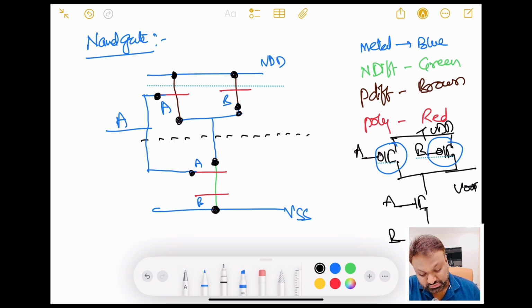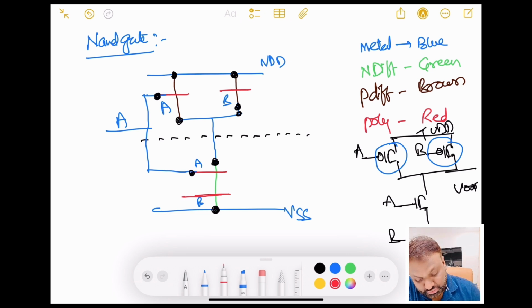Suppose this is my polysilicon. Now what I need to take care of, whenever we are crossing lines between the colors, is that we have some rules.